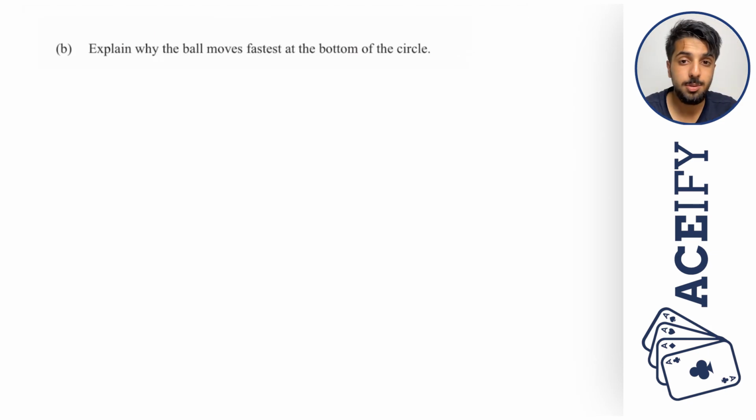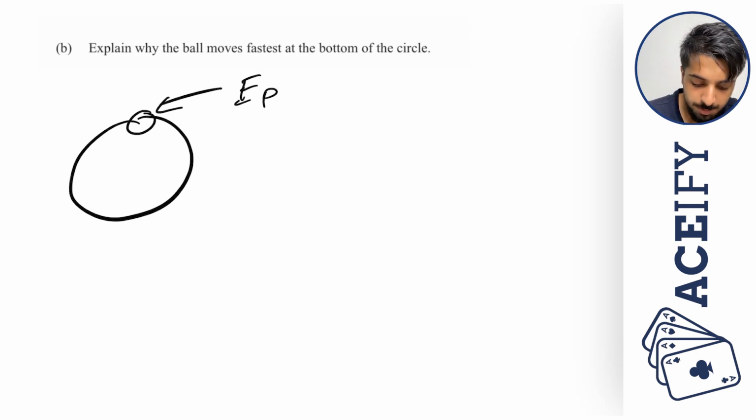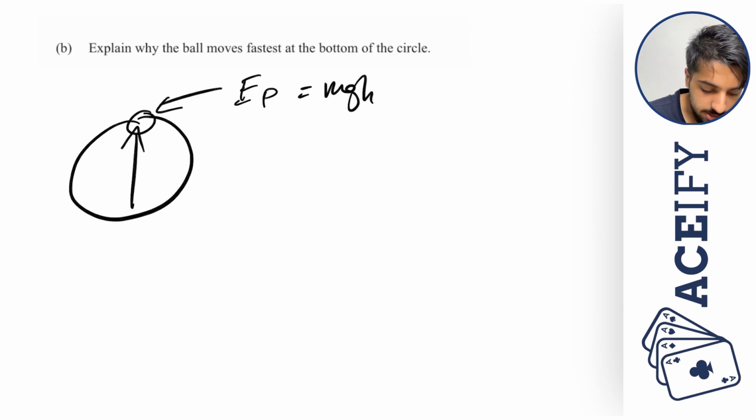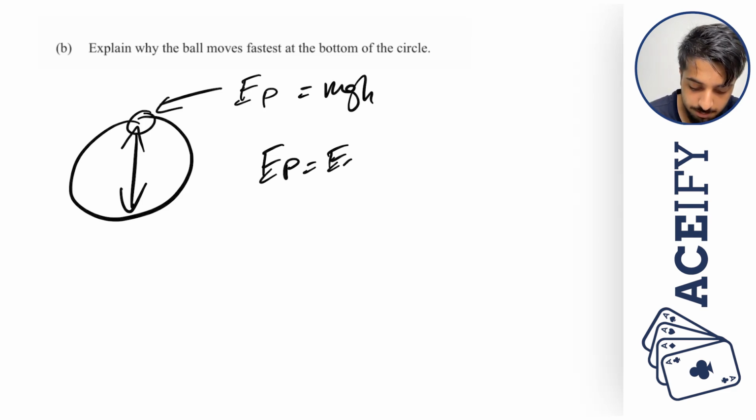There we go. Explain why the ball moves the fastest at the bottom of the circle. Now if we look at our circle, when the ball is at the top, this is where it's going to have the most EP, right? Because EP is mgh, if the h is at its highest point, which it is at the top of the circle, this means that EP is going to be the highest at this stage. Now because energy is conserved, that means EP is equal to EK.